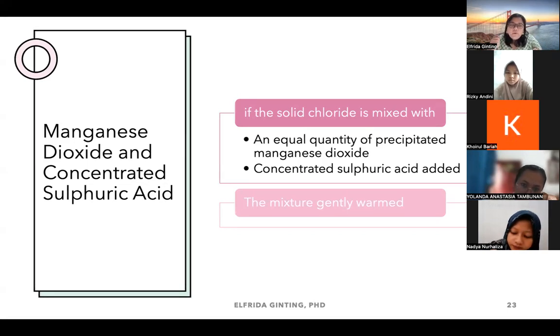And then we gently warm it, and what will happen is the chloride will dissolve, and it will also release Cl2, or we can say chlorine. Chlorine gas will be released.